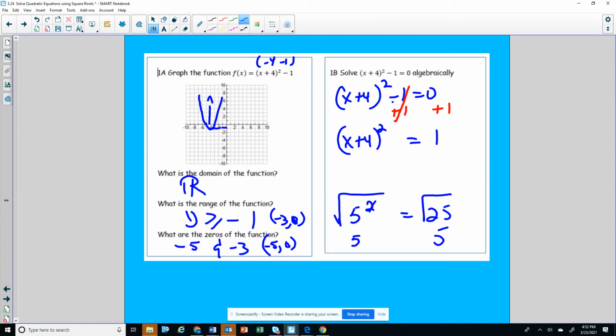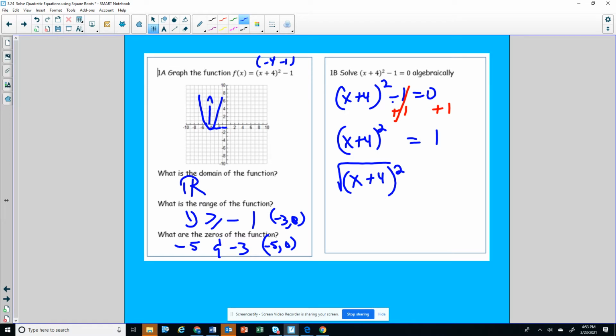So let me go and erase this to get some more space. All right. So I want to undo the square right here, so I'm going to take the square root of x plus 4 squared.